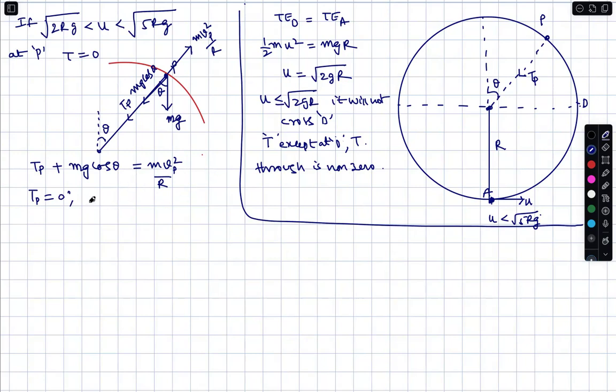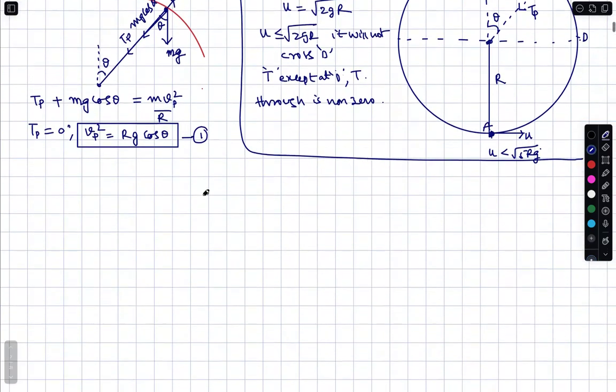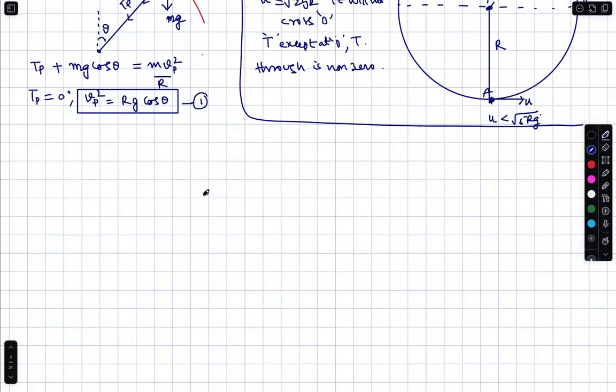At that point, Vp square is equal to Rg cos theta. Equation 1. Any doubt? Are we clear?